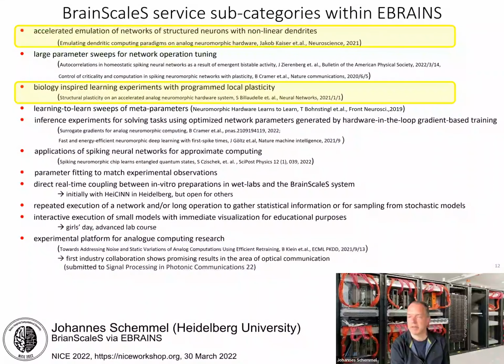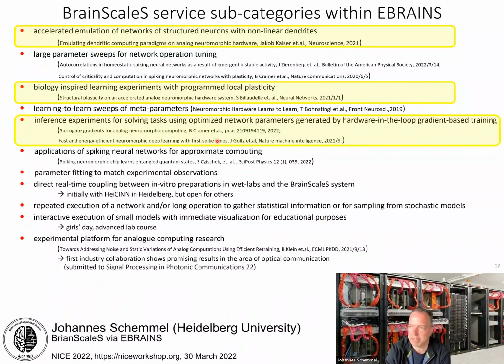And also, it's not all about biology. For example, in the industrial application dimension, it's interesting to have really low energy information processing based on a spike-based system, where you have very sparse systems that you can train, for example, for voice recognition, to have very low energy solutions. And this can also be done with BrainScaleS and in the EBRAINS framework.